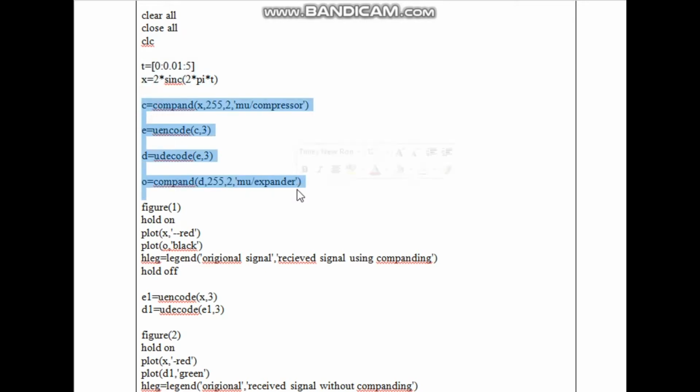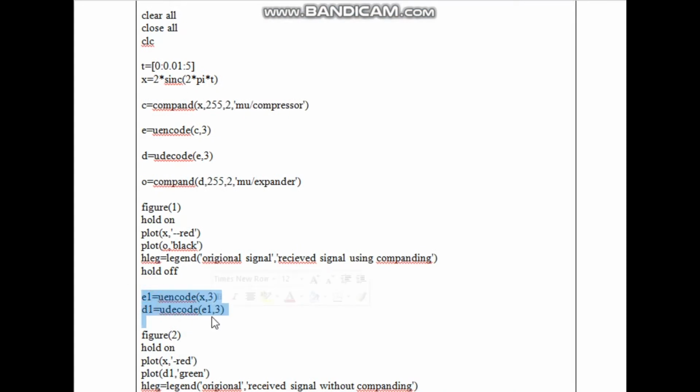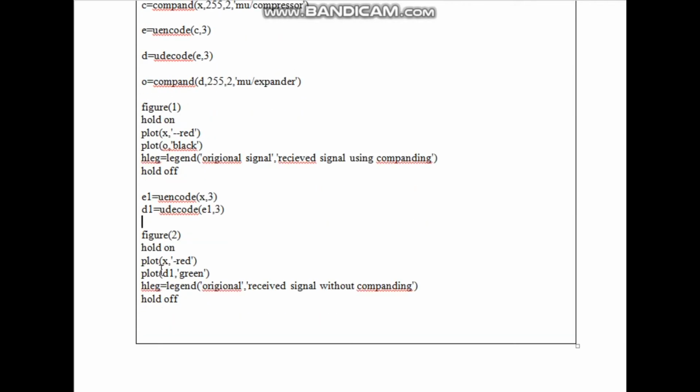For this, we compress the signal by using the mu law, one way of quantization, using the value 255, which is the maximum value of the signal. This is used to plot the graph, the x-axis and y-axis. Then this part uses encoding and decoding, and plots the figure.